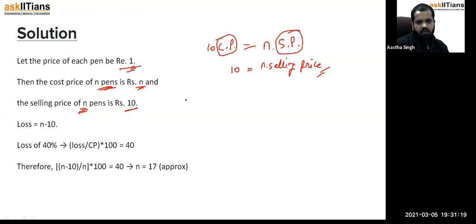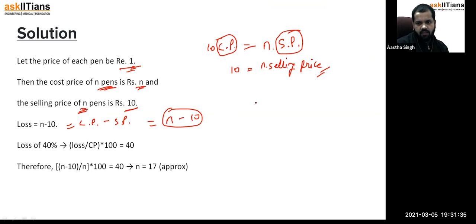So your loss is given, loss will be what? Loss is cost price minus selling price. What is the cost price? Cost price is n, selling price is 10. So basically this is your loss, right?